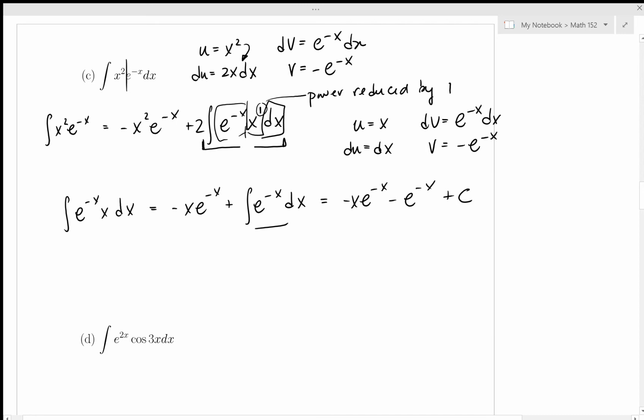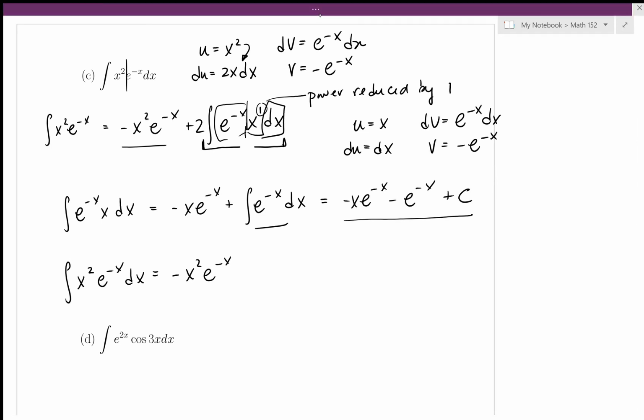Okay, so now I just put all of these things together. The original integral, which was the integral of x squared e to the minus x dx, is equal to this piece here, minus x squared e to the minus x, plus 2 times this. Okay, so I've got here this 2.